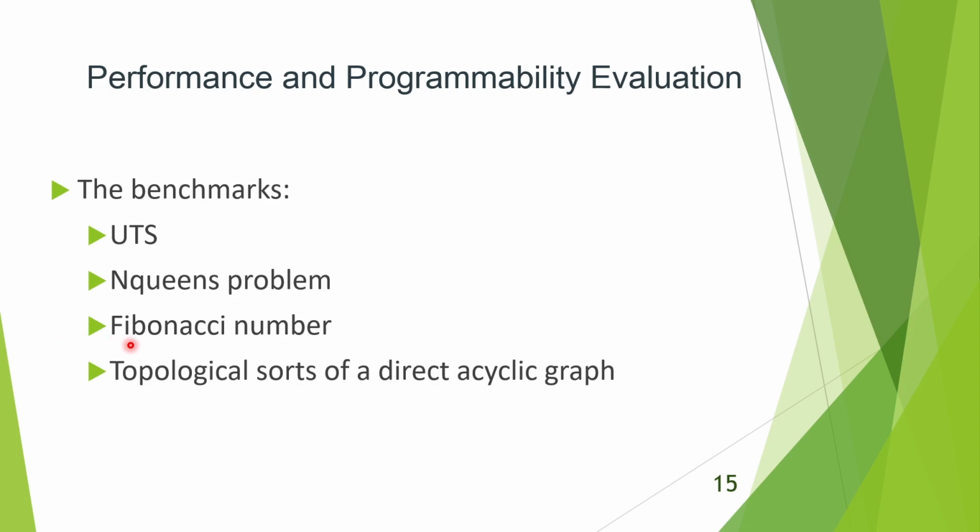Fib, the recursive implementation of the Fibonacci problem, which although not the efficient way to solve the problem, has very fine-grained subproblems, and is very useful to visualize the overheads in the parallelization. Finally, Topsort computes the topological sort of a cyclic directed graph. The level of imbalance of this benchmark is determined by the input problem. In our evaluation, we used one that caused a great imbalance in the execution.